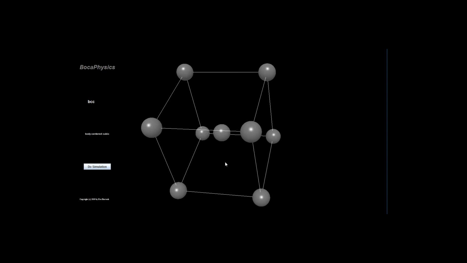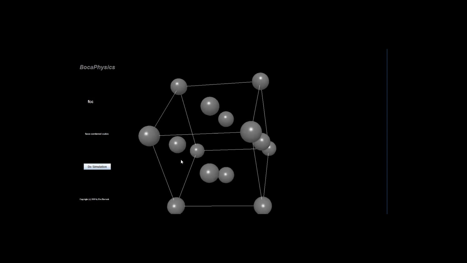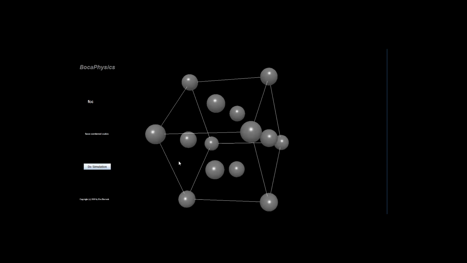Iron and niobium have BCC structure. In a face-centered cubic crystal, an atom or ion occupies each face of the simple cubic cell. Silver, gold, and copper all have FCC structure.